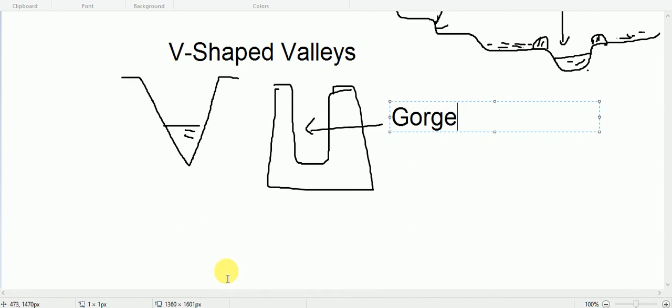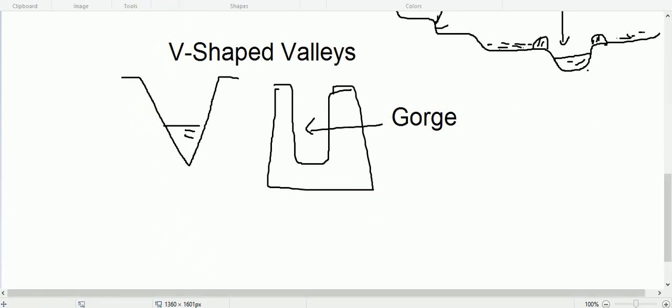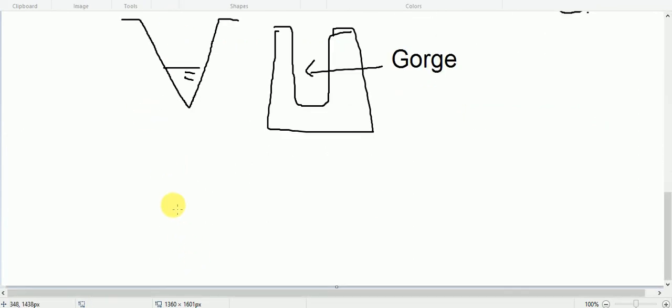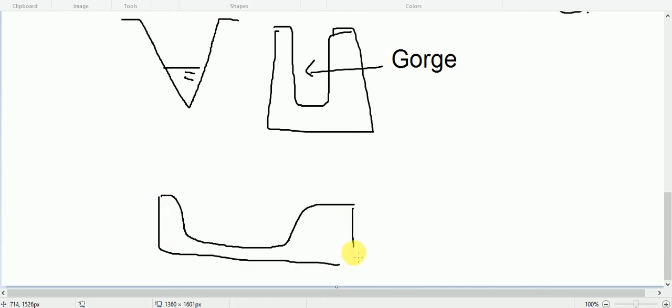But for the peninsular rivers, the bottom is flat and shallow like this. Here this is the river. Here the bottom is also flat and it is shallow. And this is for the peninsular rivers.